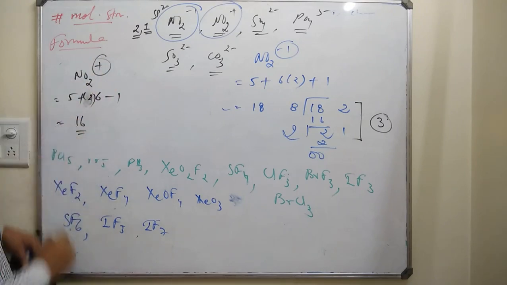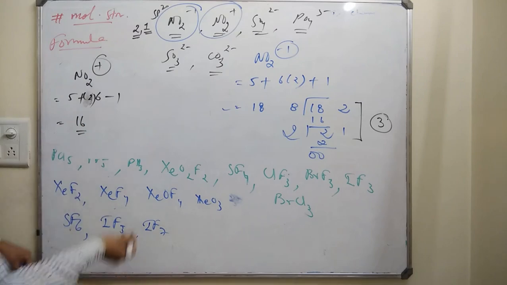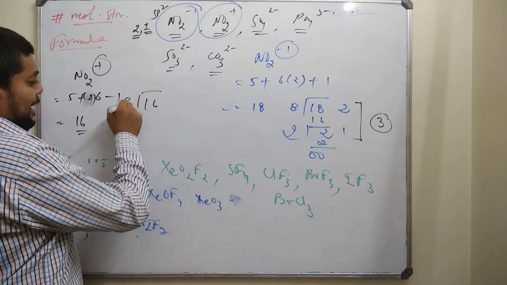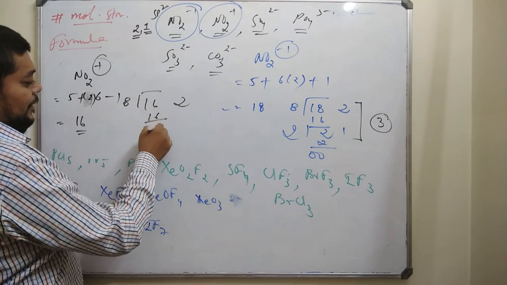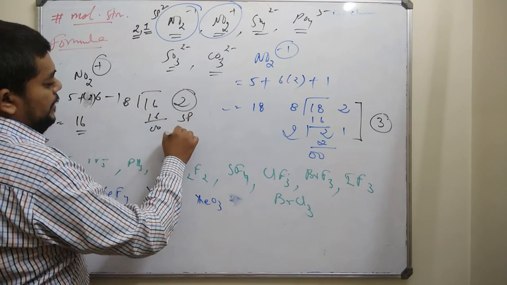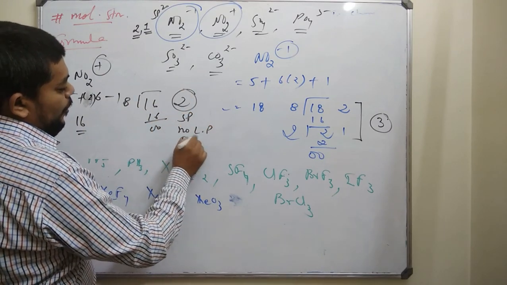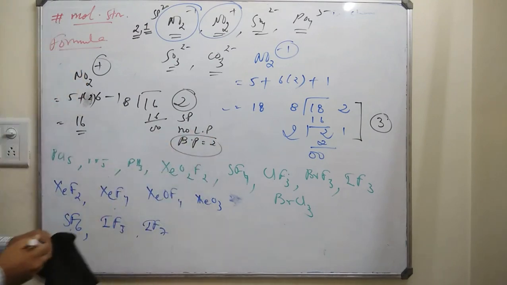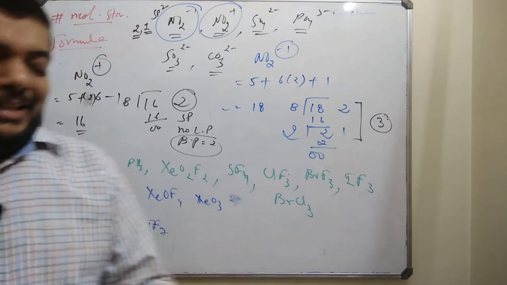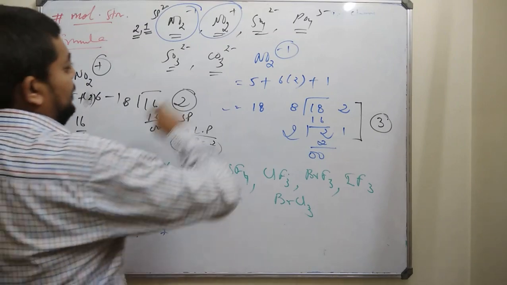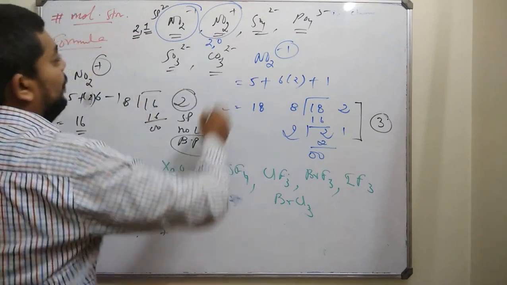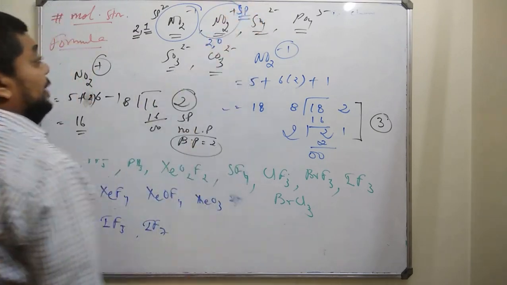So you will have 16. 12 plus 5, 17 minus 1, 16. 16 is one of the easiest answers to get. 2, so it will be sp, no lone pair, only 2 bond pair. So you can just see the easiest way to get the answer. You have 2 bond pair, no lone pair, and therefore it will be sp.